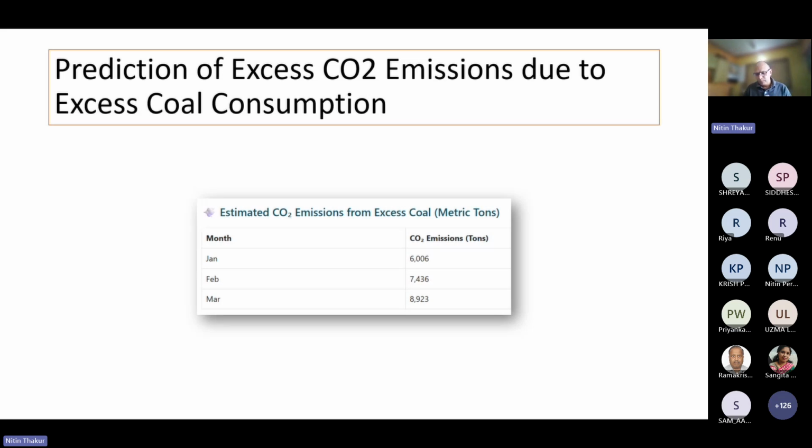We have to make some decisions within a month or within the next 2 months, because this will be emitting CO2 like anything, and there will be a cost implication because of burning of the excess coal.